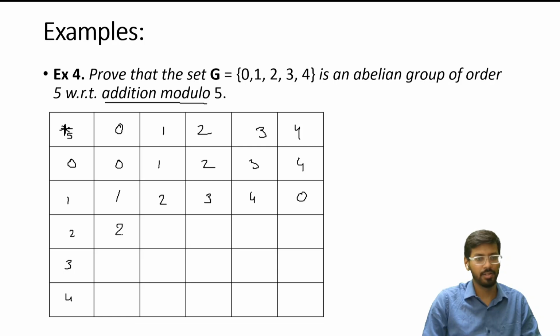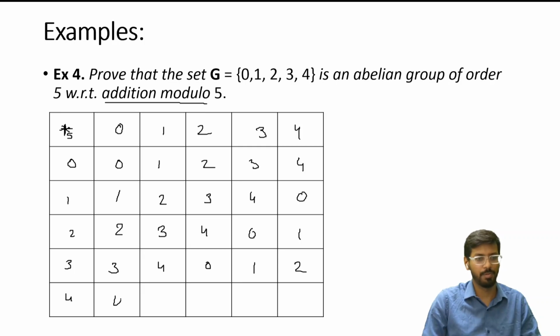Similarly, we can write remainders here 2, 3, 4, 0, 1. Similarly, 3 + 0, remainder is 3. 3 + 1, remainder is 4. 3 + 2, remainder is 0. 3 + 3, remainder is 1. 3 + 4, remainder is 2.